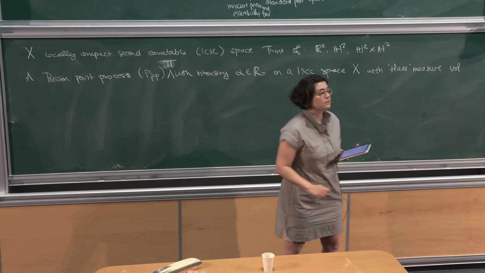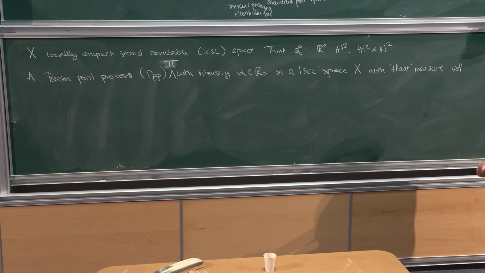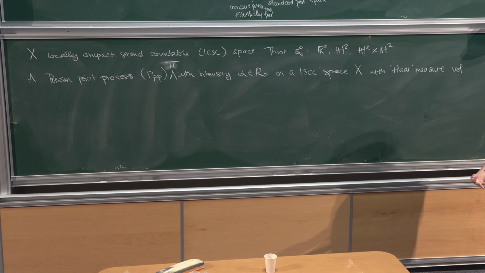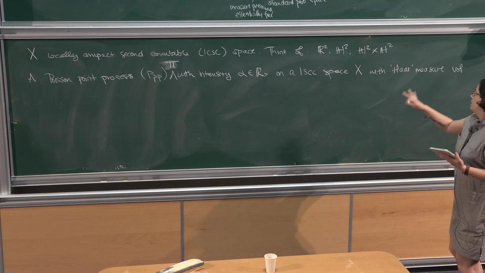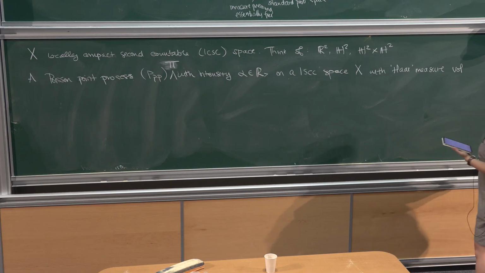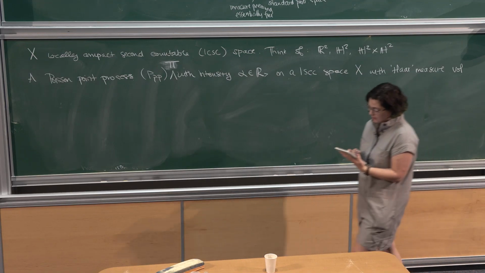Because X is locally compact second countable, it has an isometry group, which is locally compact second countable, meaning it has a left invariant Haar measure. So our space X has something like a Haar measure, a left invariant measure. We'll call it the volume.